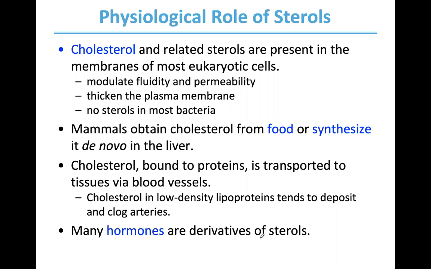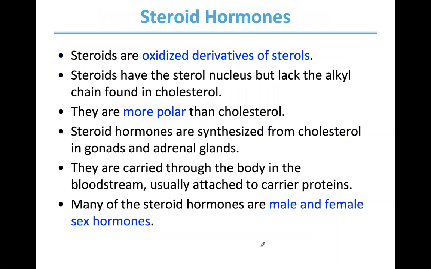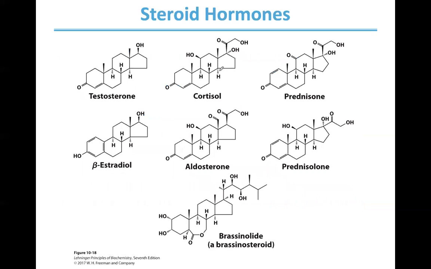Many hormones are derivatives of sterols, of cholesterol, and specifically they're oxidized. Cholesterol by itself only has one oxygen, but if you add more oxygens, there are other derivatives. For example, testosterone, produced in the testes, is a male sex hormone.